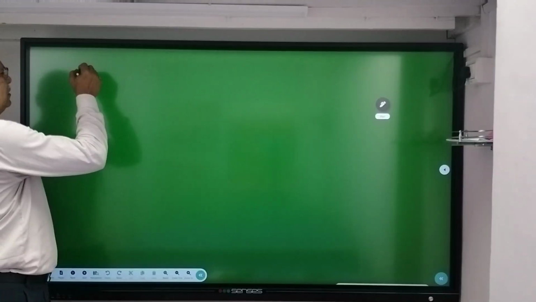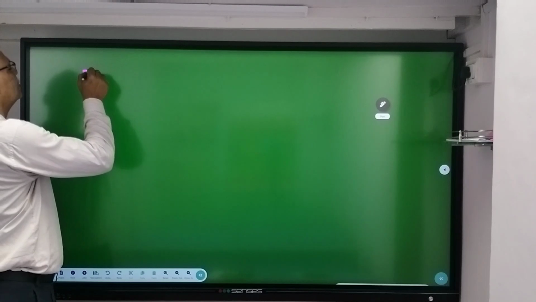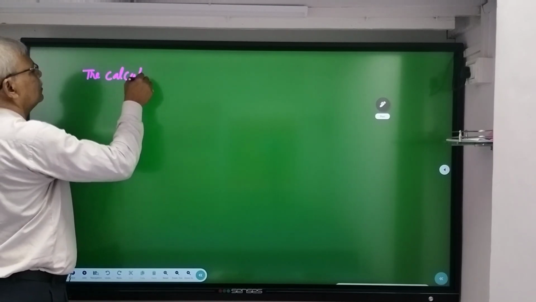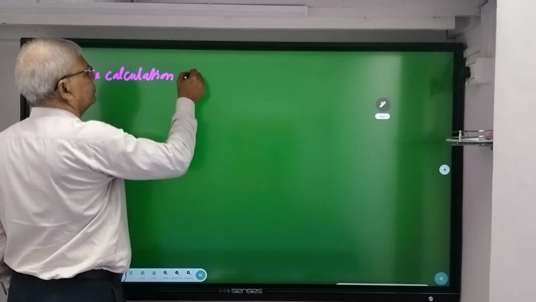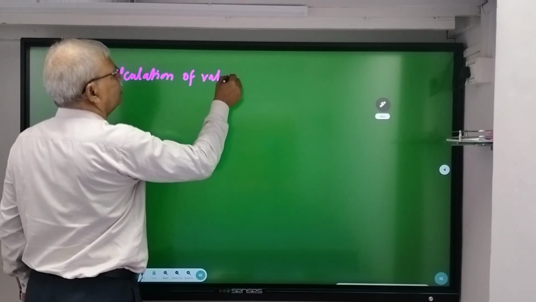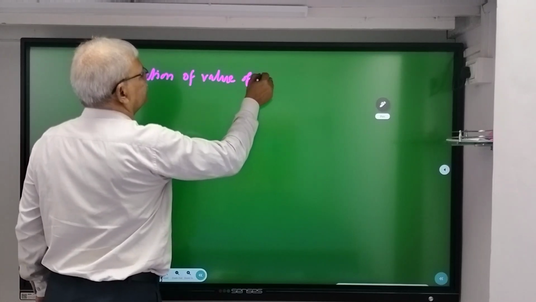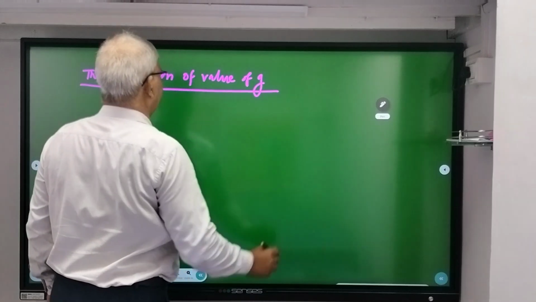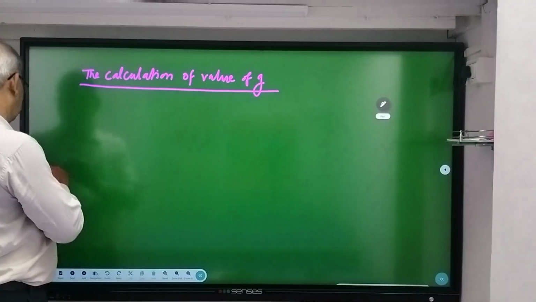Calculation of value of g on the surface of the Earth.